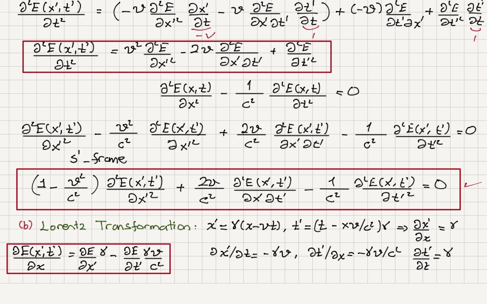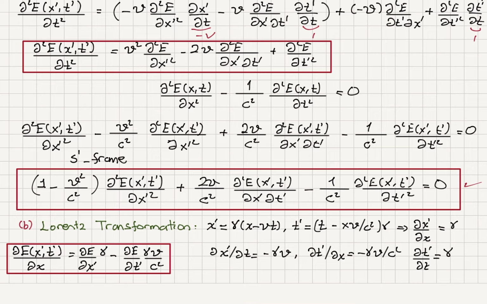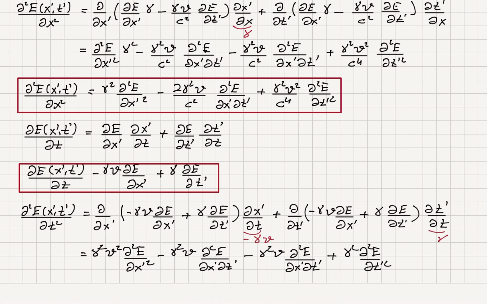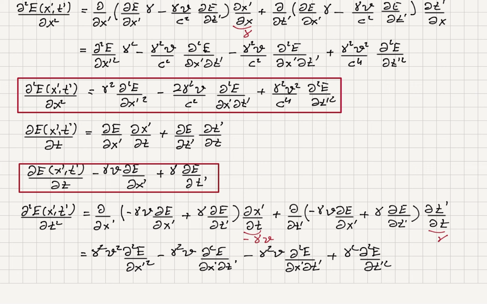So we repeat this procedure for the time derivative as well, where in this case first we have del x prime del t, which is minus gamma v, and then we have del t prime del t, which is gamma.